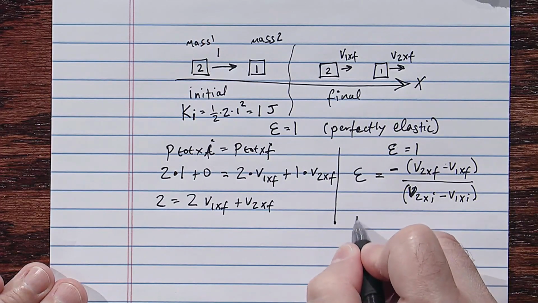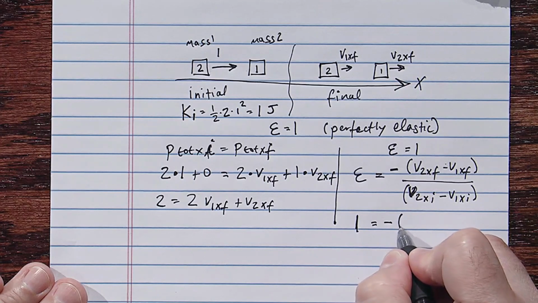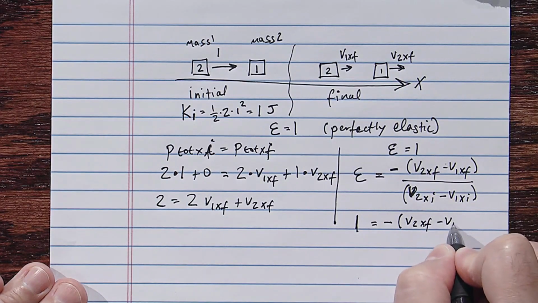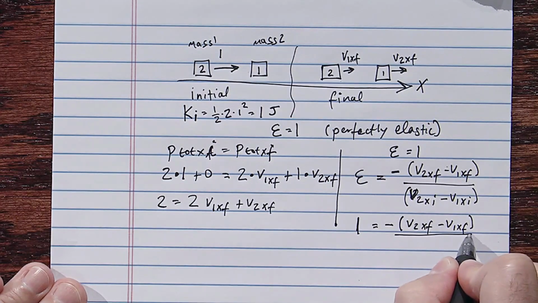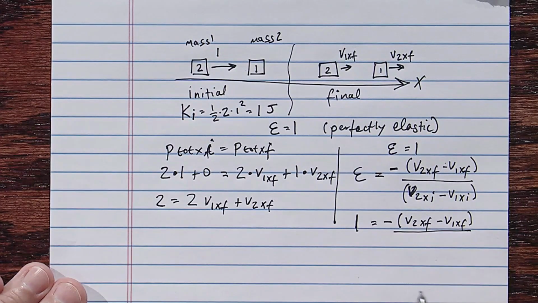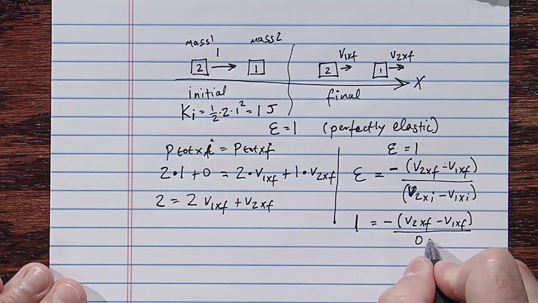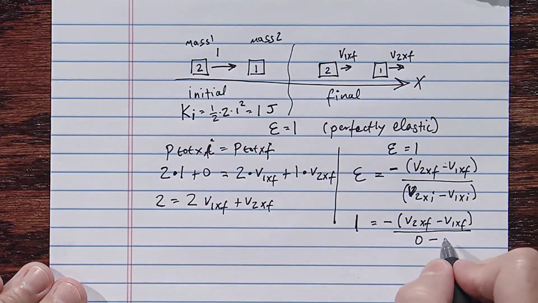E is equal to 1, so 1 is equal to minus V2x final minus V1x final divided by, well, V2x initial is 0 minus V1x initial, which is 1.